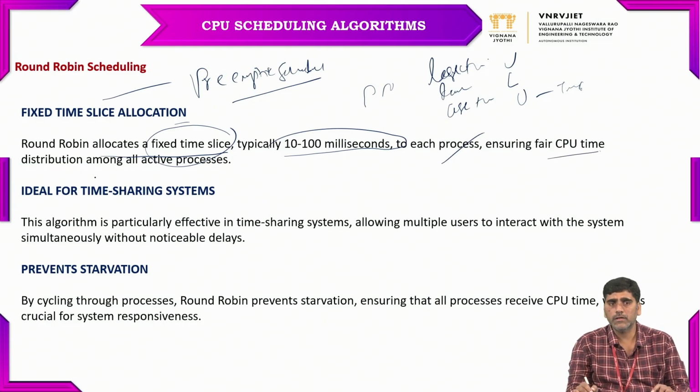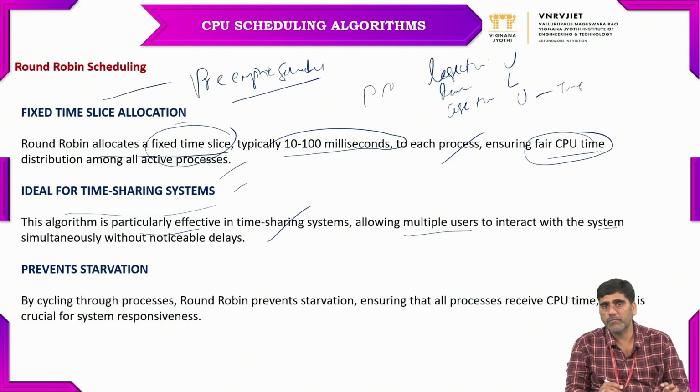The main thing is this time allocation is for fair CPU distribution among all active processes. It is also ideal for time sharing systems, and this algorithm is particularly effective in time sharing systems, allowing multiple users to interact with the system simultaneously without noticeable delays. And it prevents starvation also.